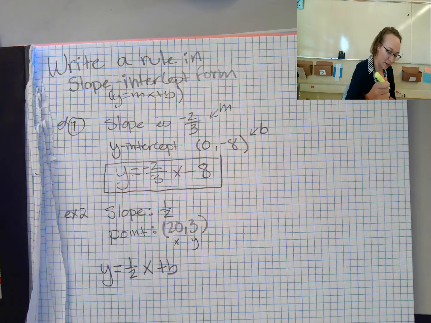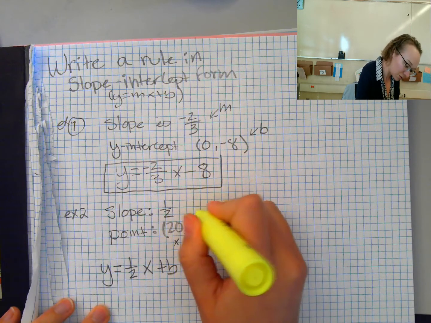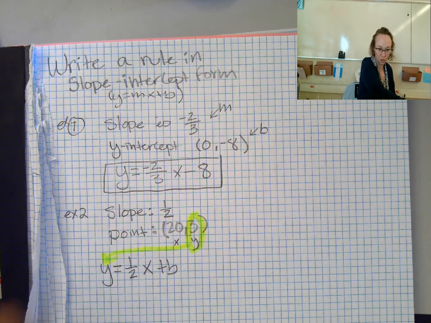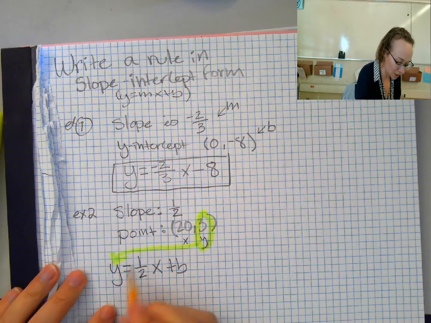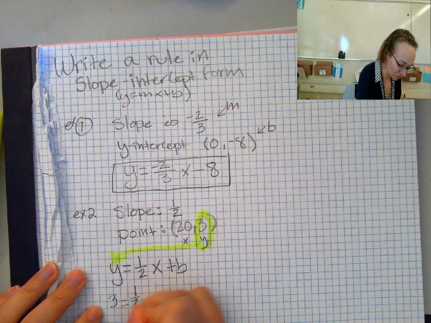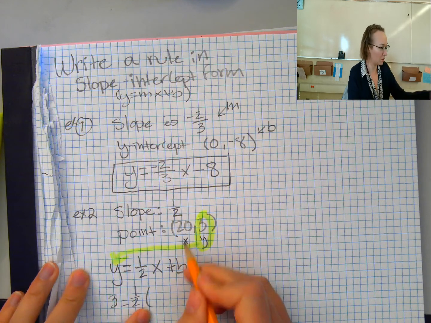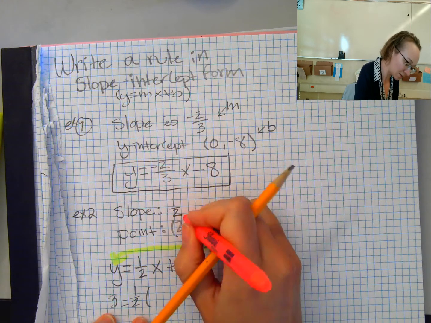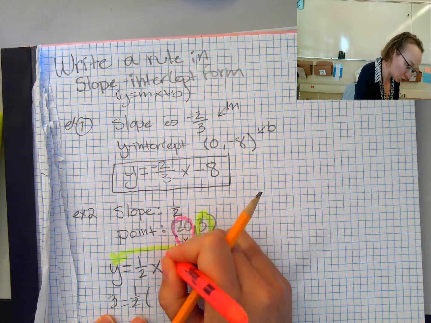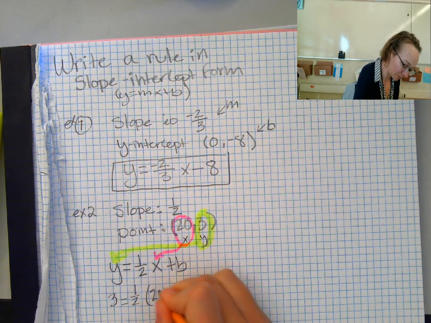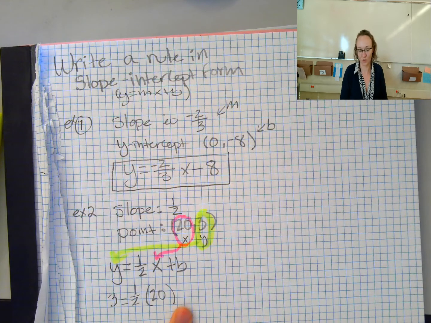So I can take my y value of 3 and put that in over here. So I can say 3 = 1/2 times, and then I can put my x value in there, because I know that for this input-output pair it should work. And then I just have to solve for what that b value is.